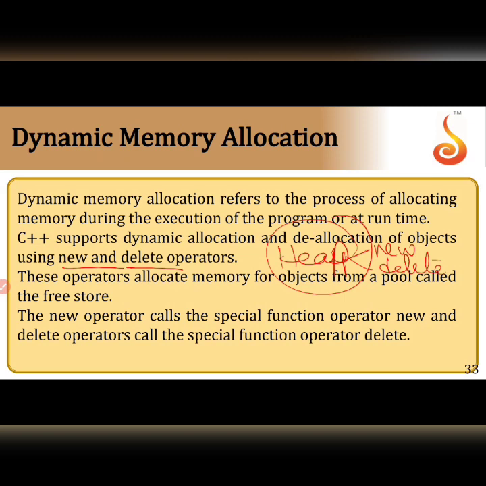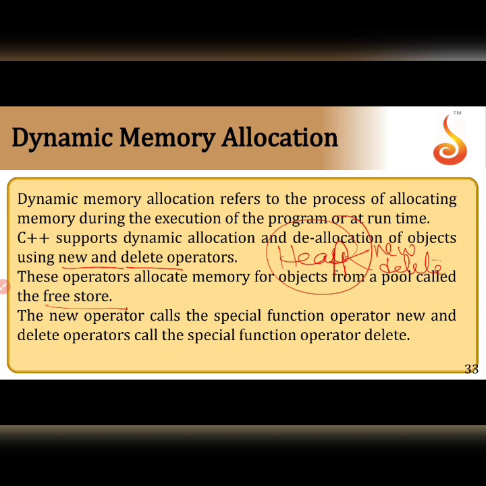These operators allocate memory for objects from a pool called the free store. From where? Free store or heap, both are one and the same, right? From the free store it is going to allocate memory, or heap is a segment where dynamic memory allocation usually takes place.